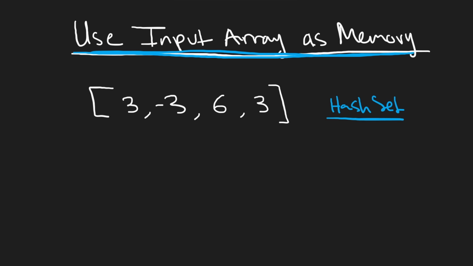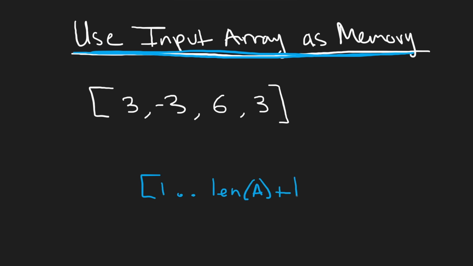Just like we used an extra memory hash set, we're going to basically be using our input array as a hash set. How am I going to do that? Remember how our solution set is from 1 all the way to the length of the array plus 1. For every value between 1 and the length of the array, we have an index for that.